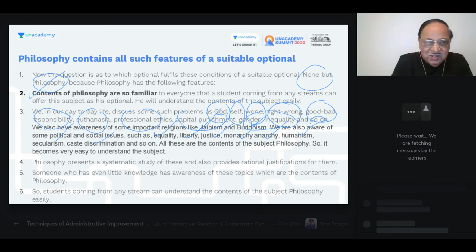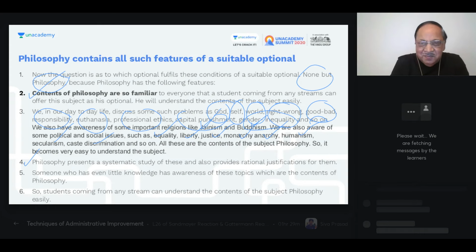So this philosophy fulfills the first condition of a most suitable optional subject, that it contains topics which can be easily comprehensible, because you all are very much aware of these topics. So what does philosophy do? Philosophy presents a systematic study of all these topics and subjects.